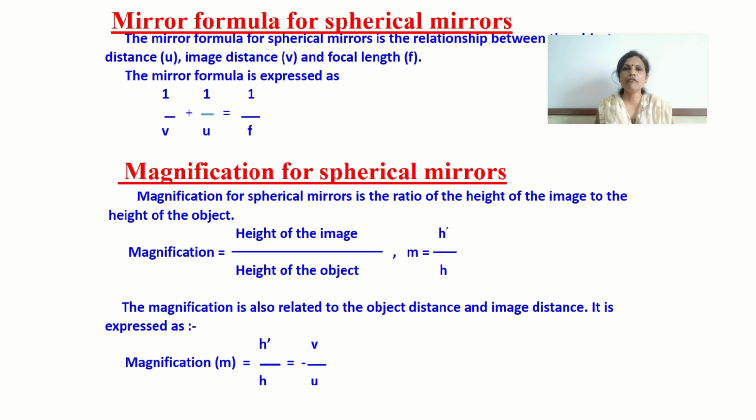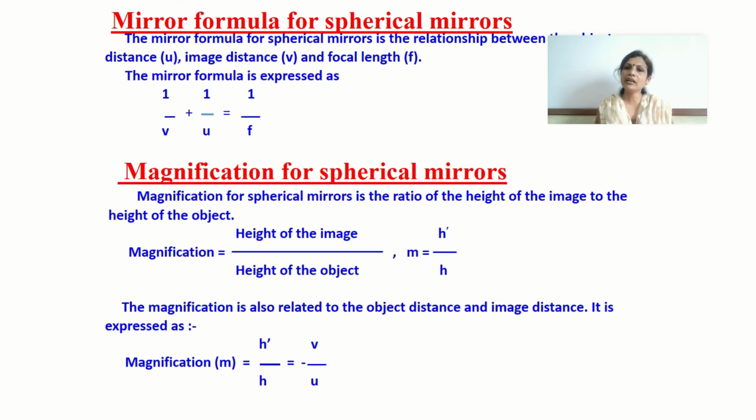Next is magnification. The magnification is what? How much the image is magnified, to what extent the image is magnified. To find that out, our formula is height of the image upon height of the object. Magnification is denoted by the letter M, height of the image is h dash, and height of the object is h.